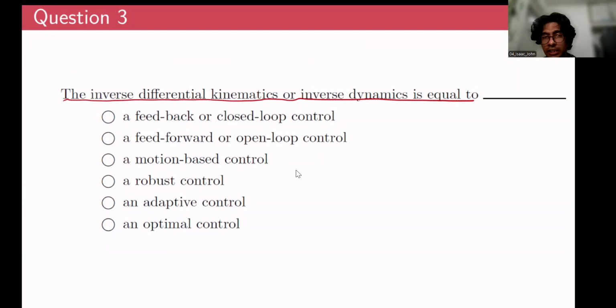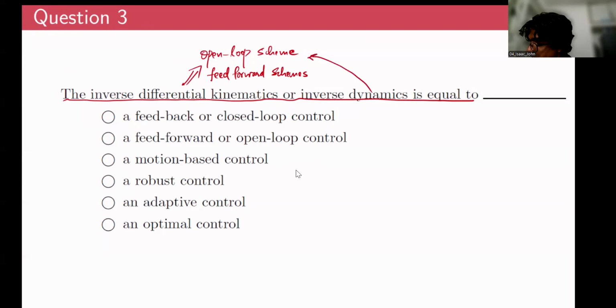We have seen earlier, a few minutes ago, that inverse differential kinematics is an open loop control scheme, or another word to call them is feed forward schemes. And inverse dynamics also belongs to the same class of motion controllers, open loop or feed forward, because essentially there are no feedback terms.